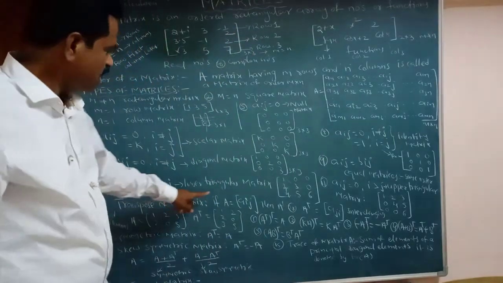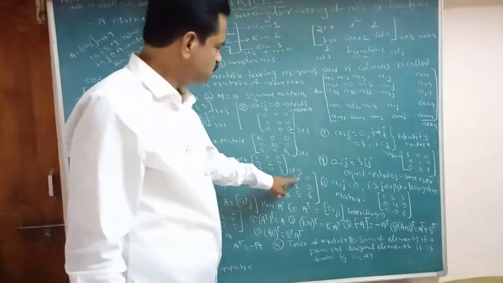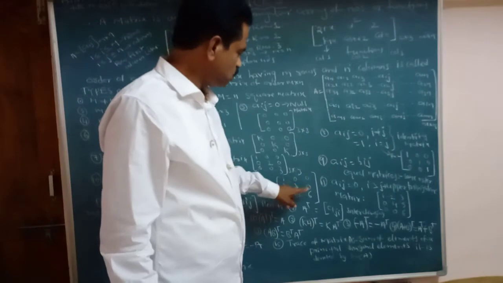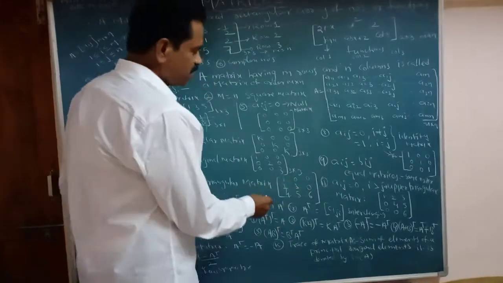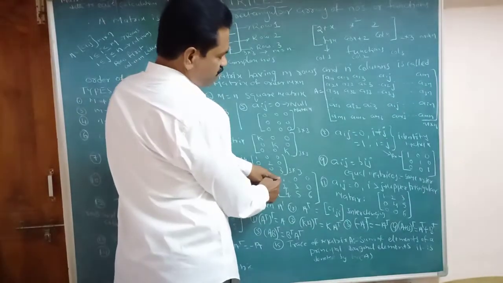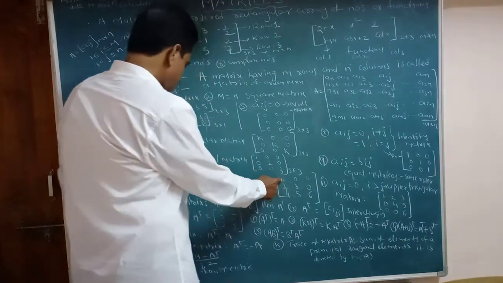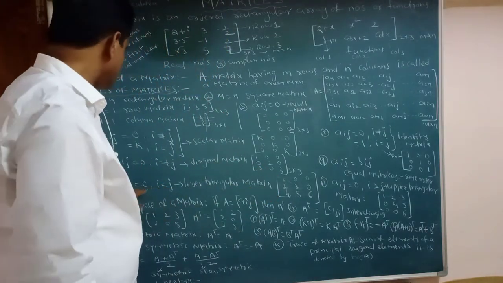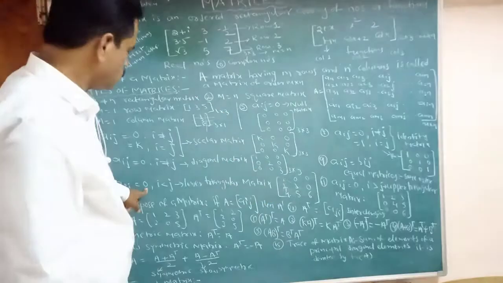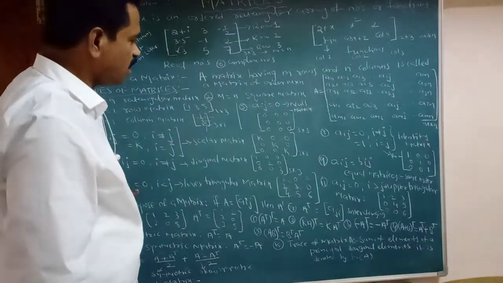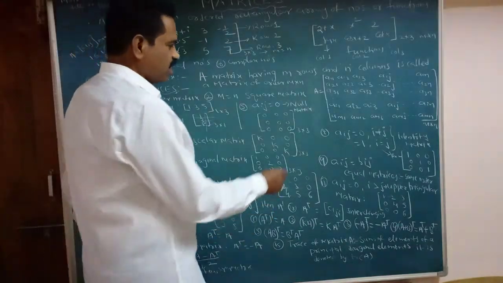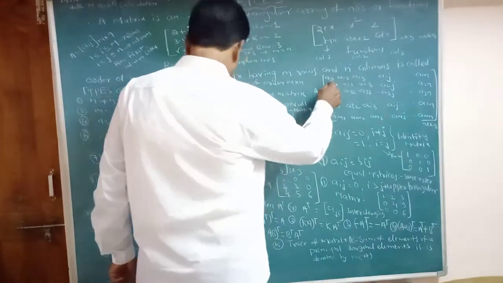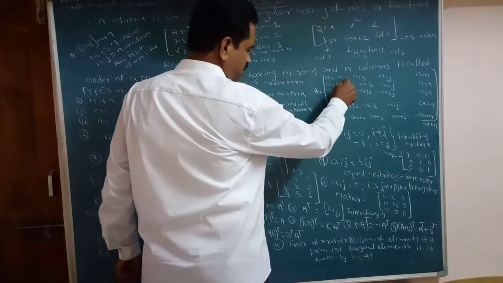A lower triangular matrix is 1 0 0, 2 3 0, 4 5 6. So it is nothing but A11 here. When i less than j, the remaining are all 0. I less than j means j is greater, so this one is 0.